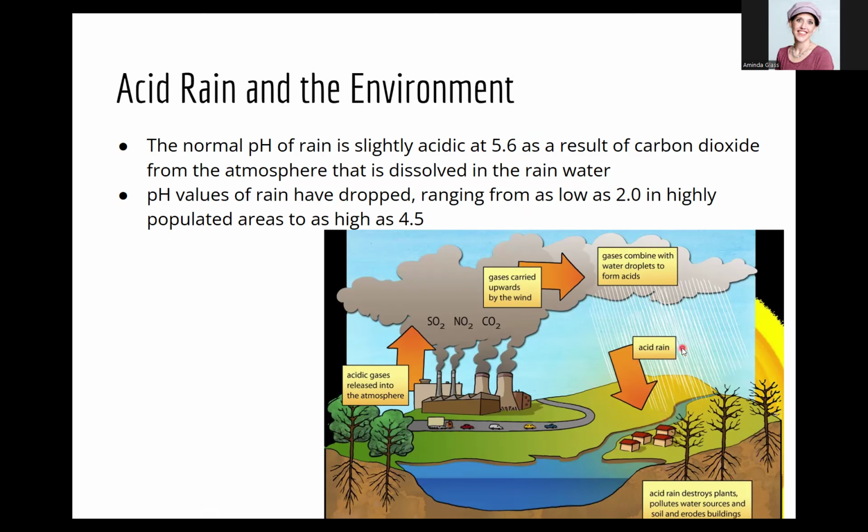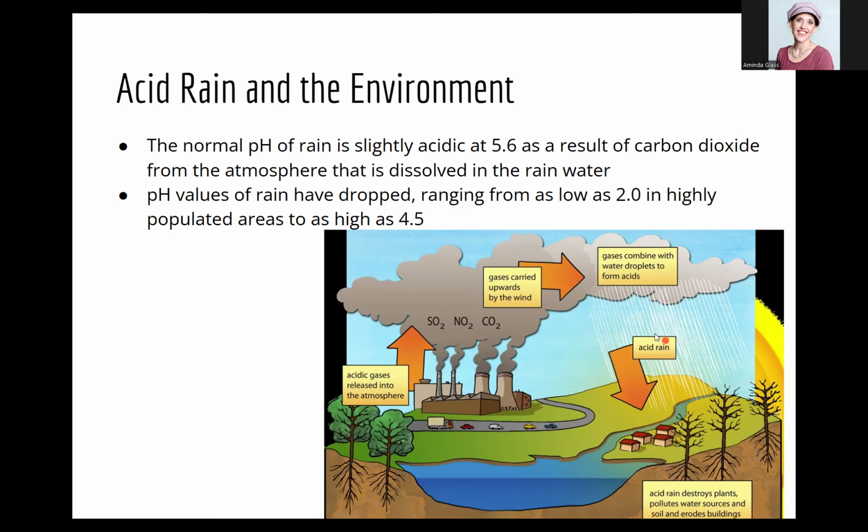Now, acid rain does have environmental effects. It will destroy plants because you have certain plants that require a certain pH range. In our bodies, we require a certain pH range, and if we go outside that pH range, we have deadly consequences. Plants, same problem. They need a specific pH range in order to survive.